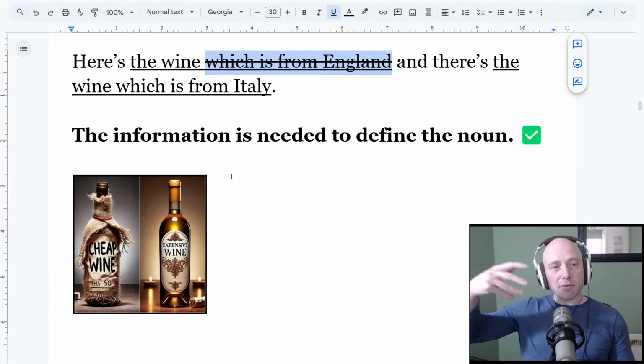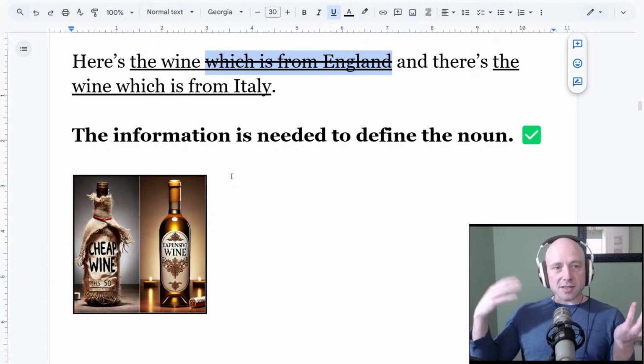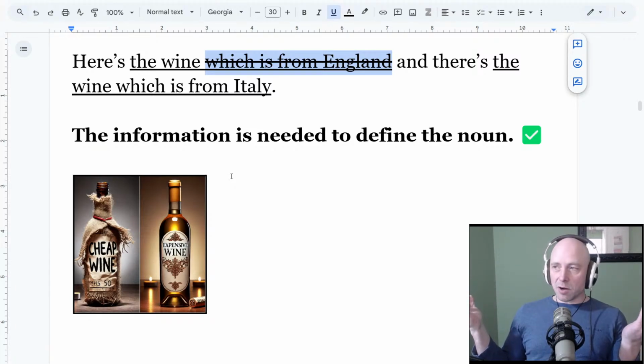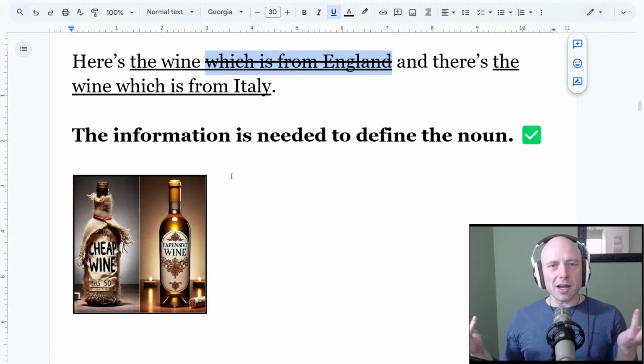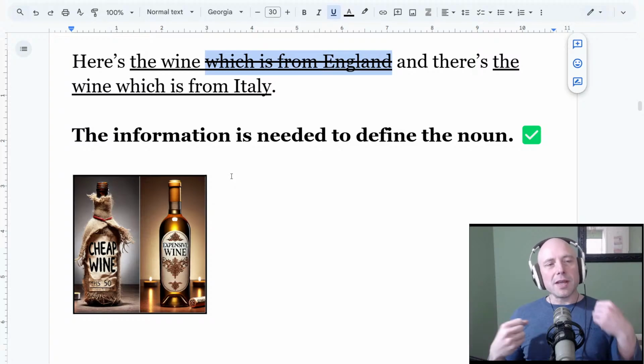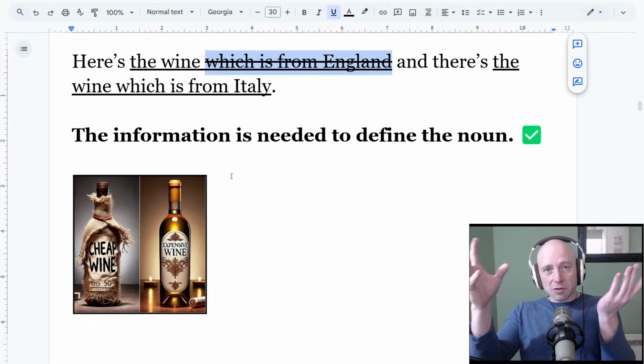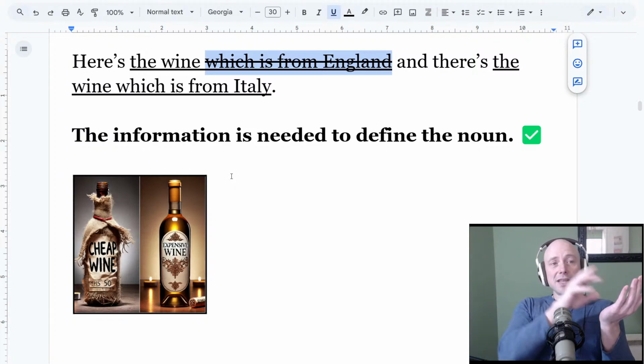We have the same problem from before where I'm saying here's the wine and there's the wine. And it's like, what? What do you mean the wine and the wine? There's two bottles of wine. How can you call it the wine and the wine? No, here's the wine which is from England. That's necessary. And the relative clause, which is from England, is part of the noun.